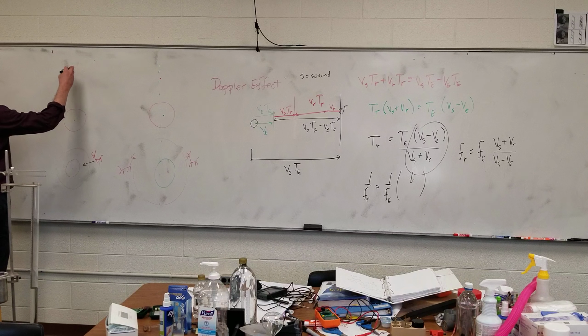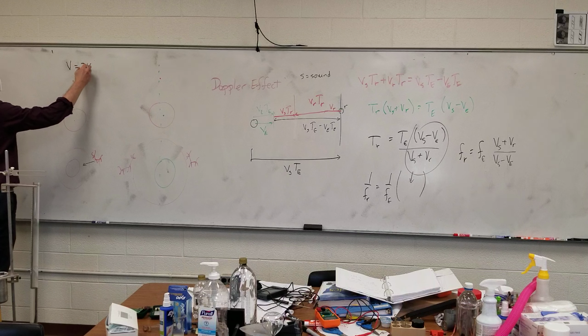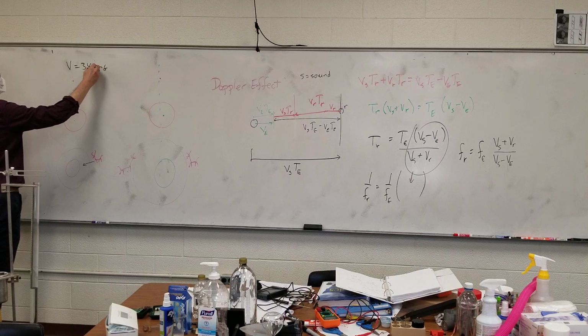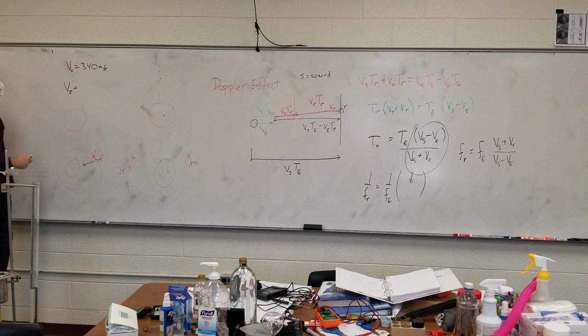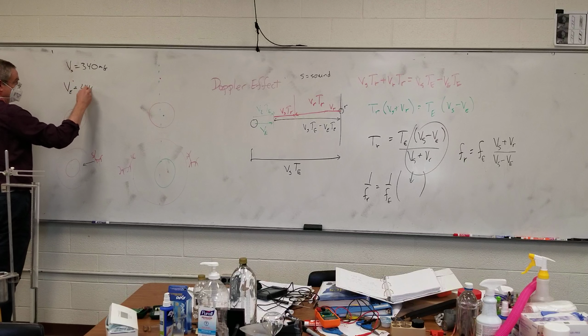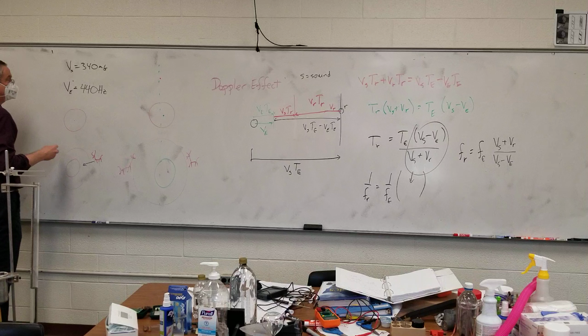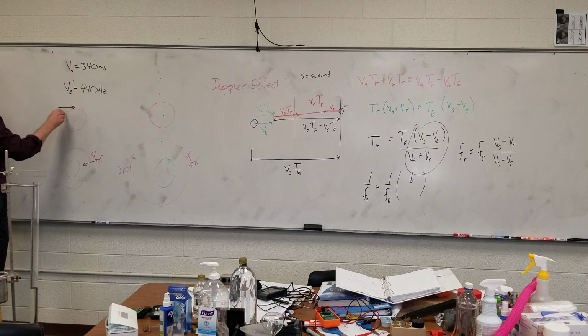So let's do some plug and chug here. Let's say the speed of sound is 340 meters per second. The emitter, somebody on the car horn, is emitting 440 hertz, traveling this way. That's the frequency being emitted.